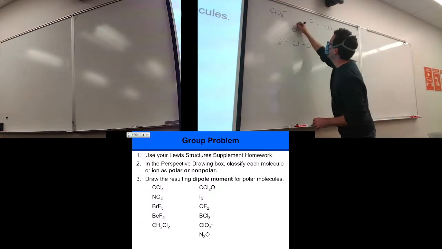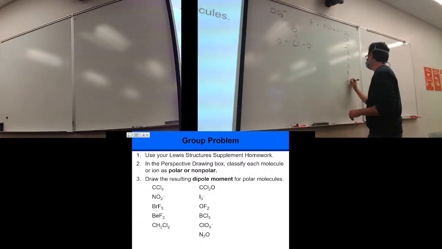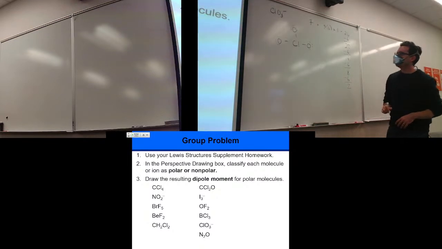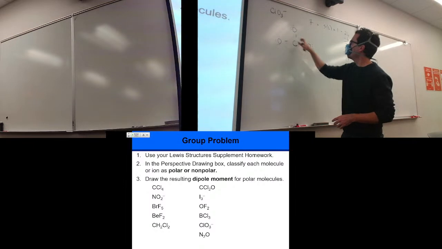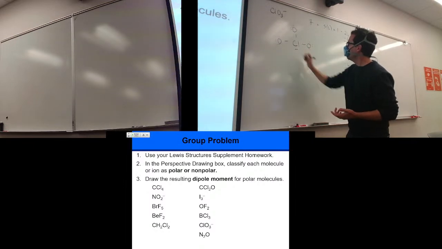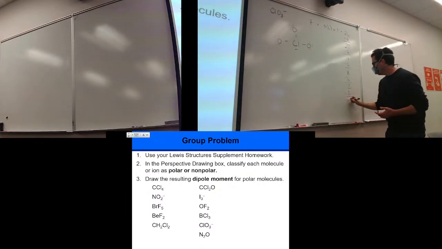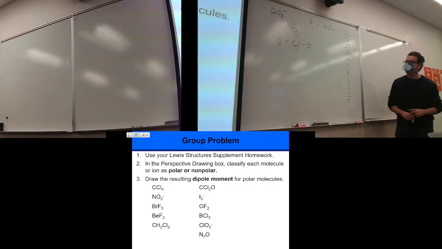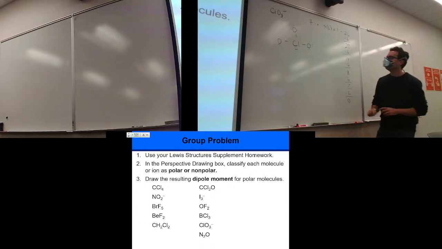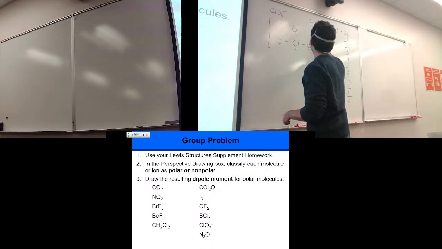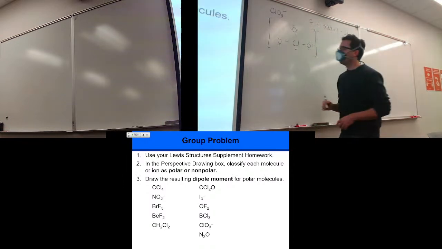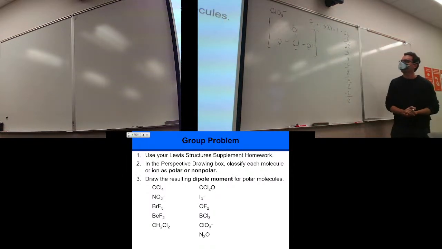And then 6 more here. We've got 2 left. We'll do the octet rule for the central atom. 2, 4, 6. I need 2 more. Perfect. Done? Maybe? So this is a valid Lewis structure. This is one Lewis structure that you could write. And don't forget to put the brackets around it with the minus sign to show the charge.